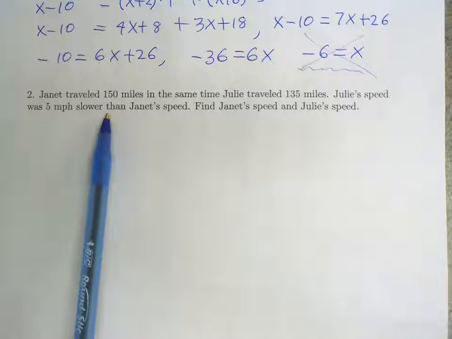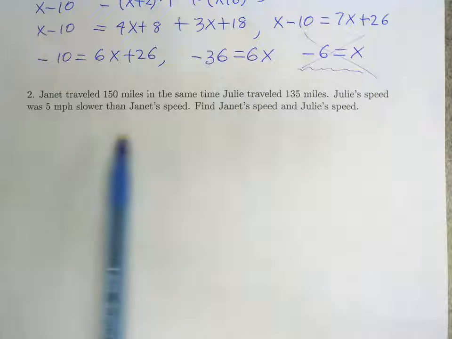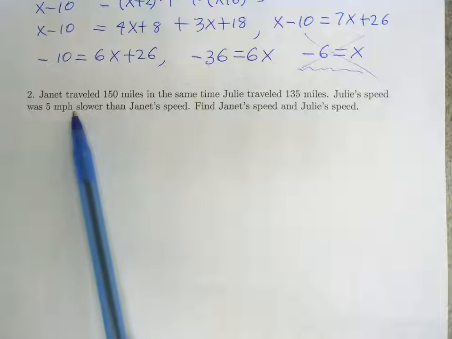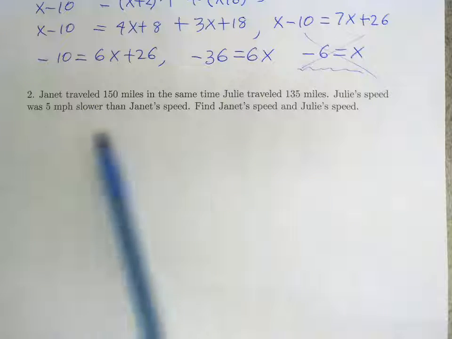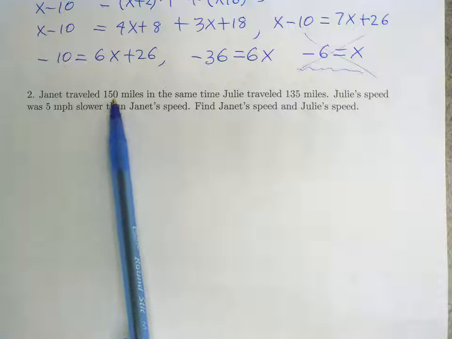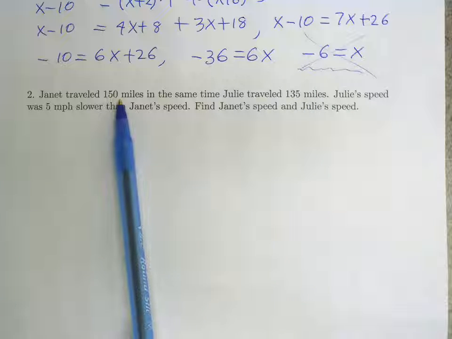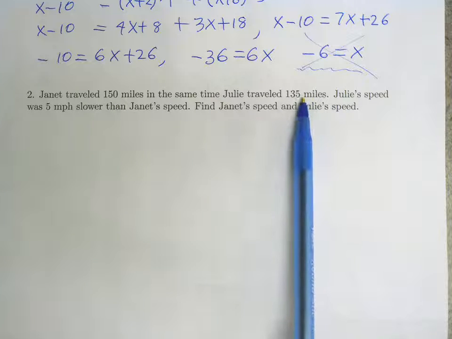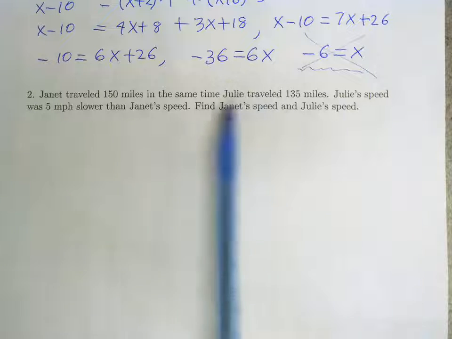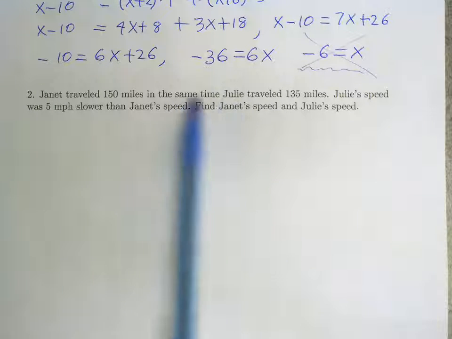Equations required in this problem are rate times time equals distance, or speed times time equals distance. And there are many clues in the problem itself that tell you that it's rate times time equals distance. Two distances are described, 150 miles and 135 miles. The speeds or the rates are described, and also time is mentioned.